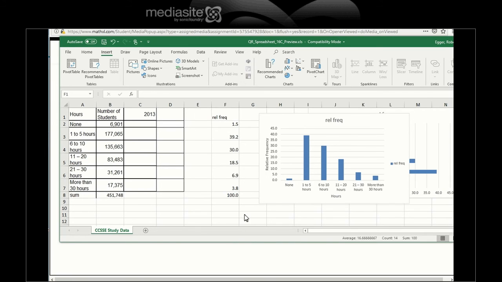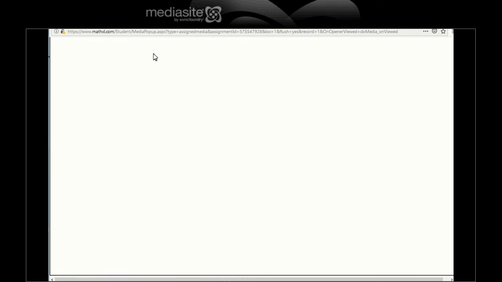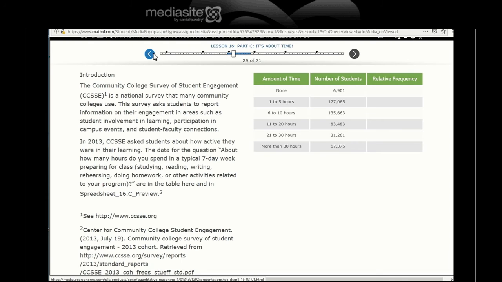When I was in college, undergraduate, I was probably in, this is per week, mind you. This is per week. Wow. 1 to 5 hours per week. Double check that. In a typical 7-day week, preparing for class.